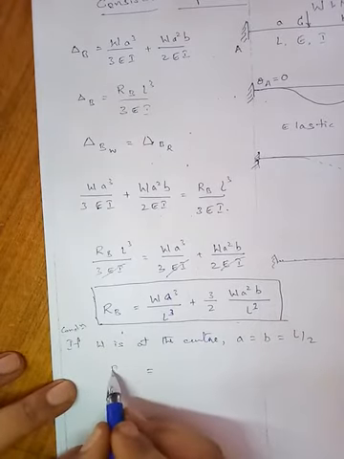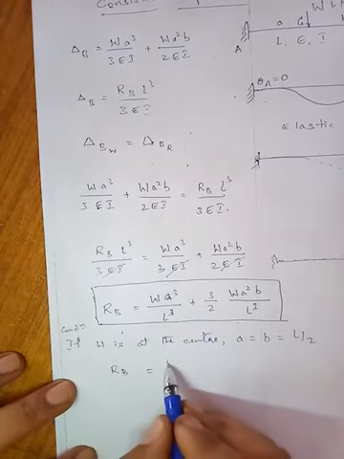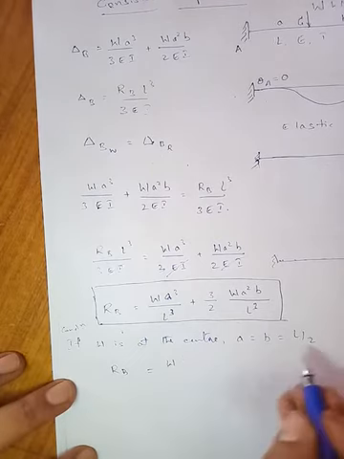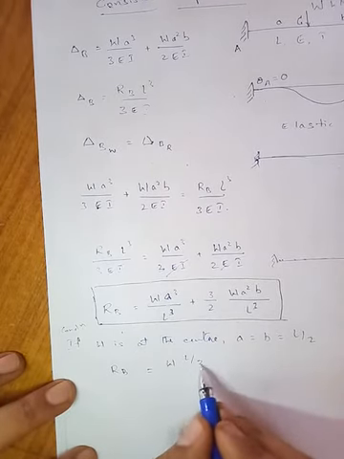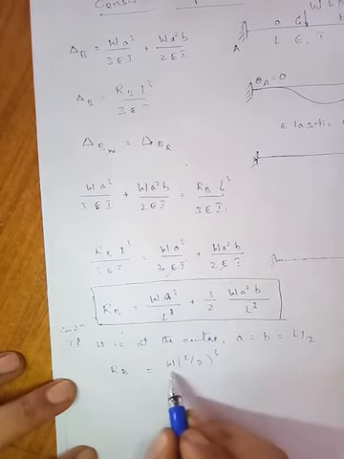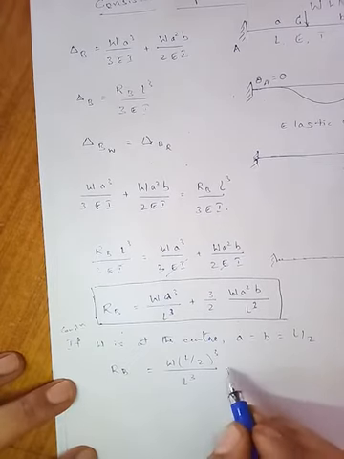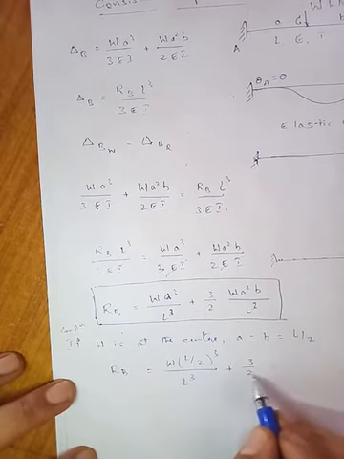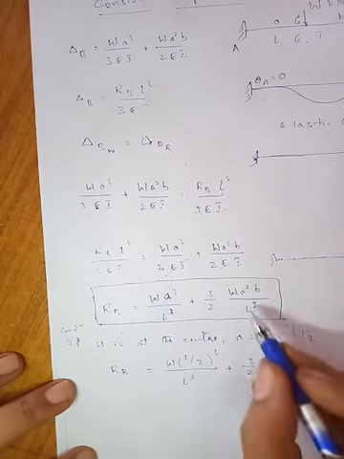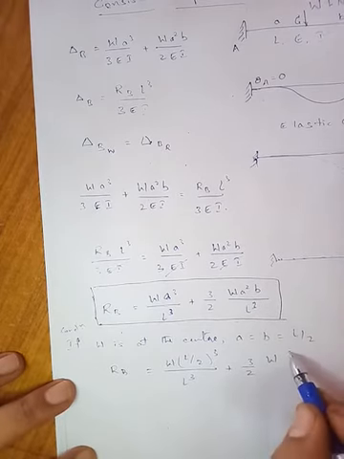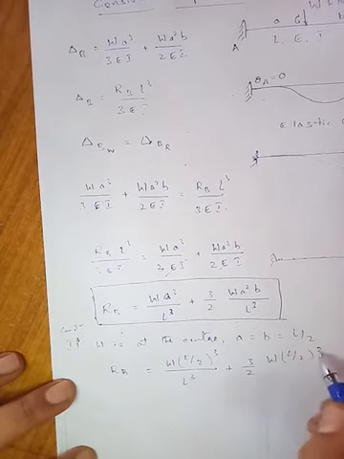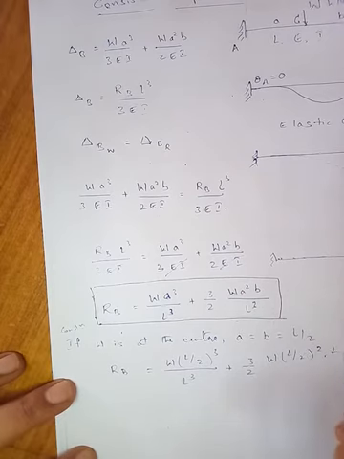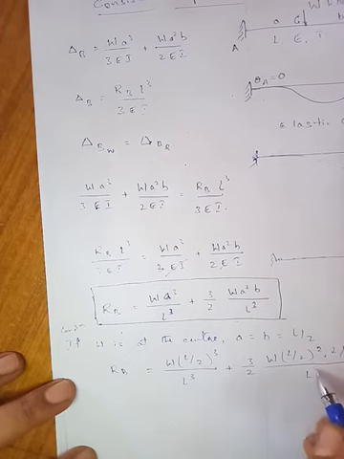We are going to get RB is equal to W into A, which is nothing but L by 2, L by 2 cube divided by L cube, plus 3 by 2 W into A, which is L by 2 square, and B is also L by 2. This is also nothing but L by 2 whole cube. This is L cube.